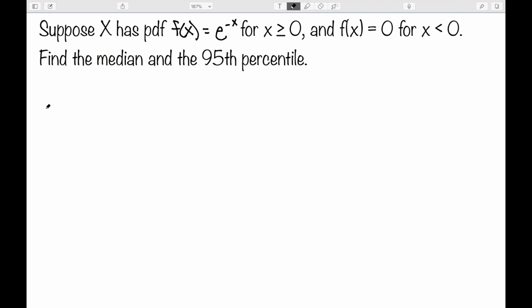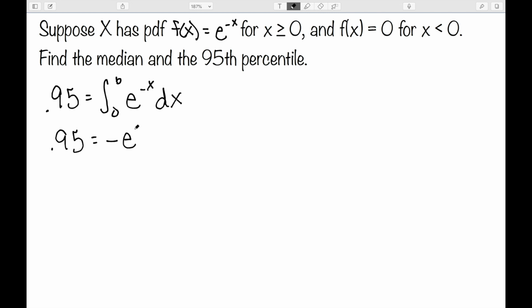Now let's work on the 95th percentile. In this case, we want the area from 0 to an unknown value b of e to the negative x dx to be equal to 0.95, since we want the 95th percentile. Well, we integrate this to get minus e to the minus x between 0 and b. Evaluating gives me negative e to the negative b minus negative e to the negative 0.